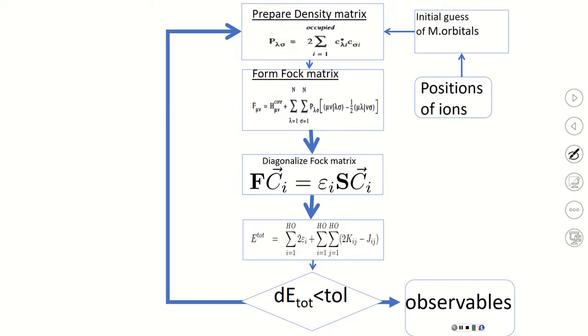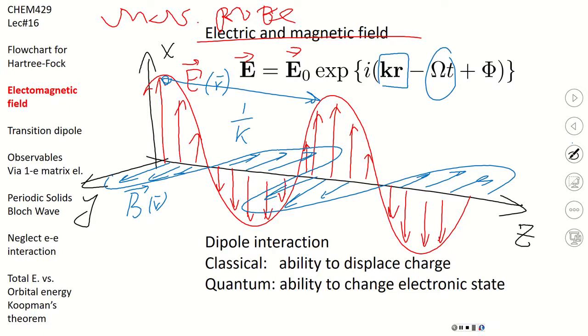I will probably postpone the ionization and affinity to later, but one of the descriptors is oscillator strength, right? And oscillator strength is a way to characterize the ability of a specific piece of matter to interact with electromagnetic radiation, right?